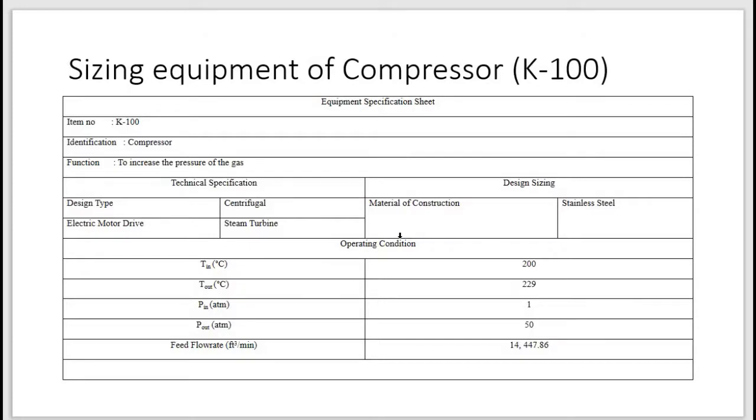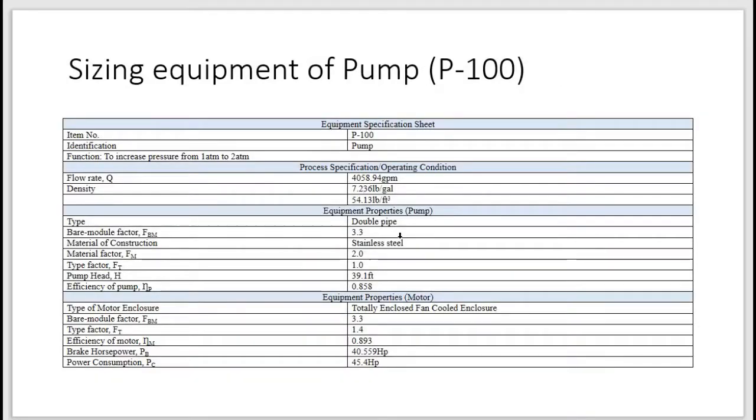The expert said that using a compressor is much more reliable, as it is cheaper and better than doing the staging. The next one is the pump. These are the equipment specifications. As for the calculation part, you may refer to the report that we have attached.